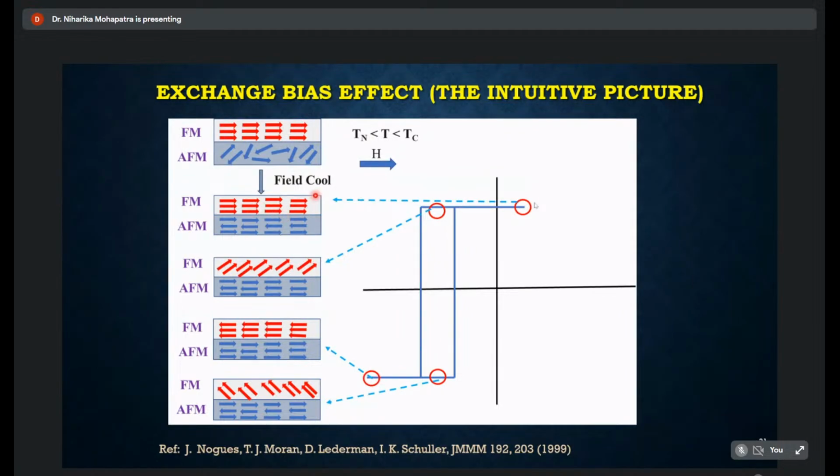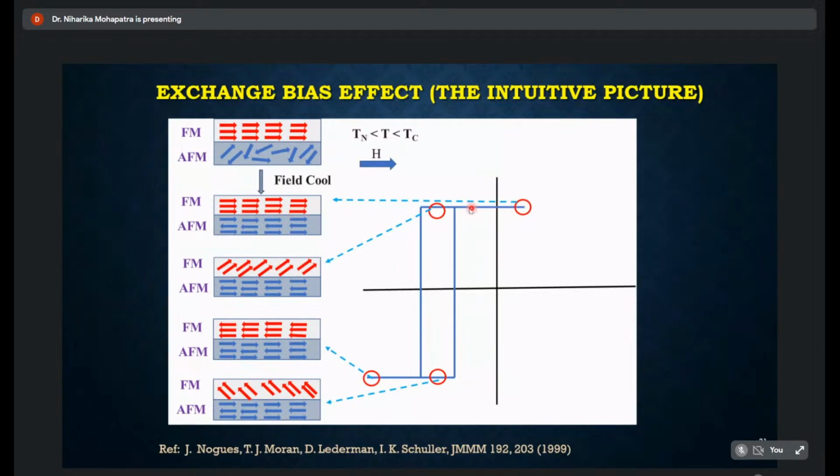So this is the point over here. You have a properly magnetized sample, ferromagnet, then antiferromagnet. Now you can see that the top layer of the antiferromagnet is aligned in the direction of the ferromagnetic spins. So there is exchange coupling between these two spins, this layer and this layer.